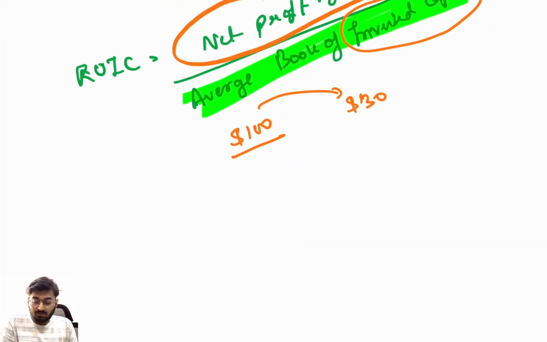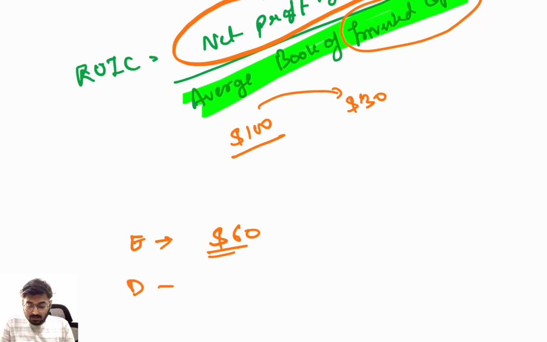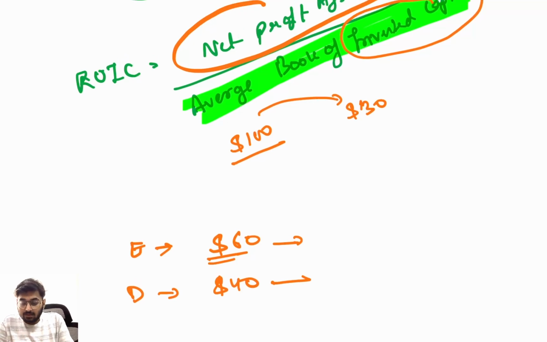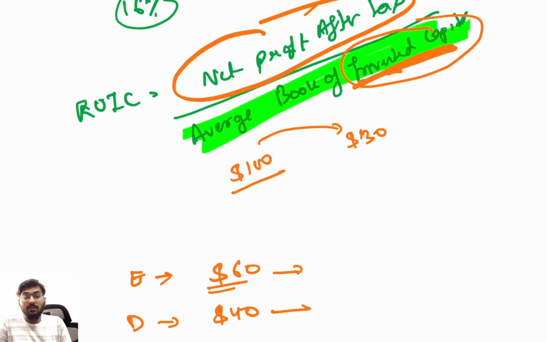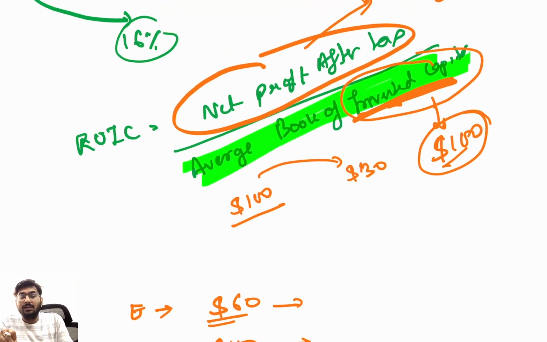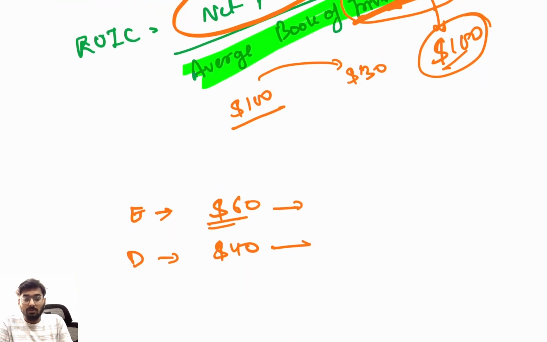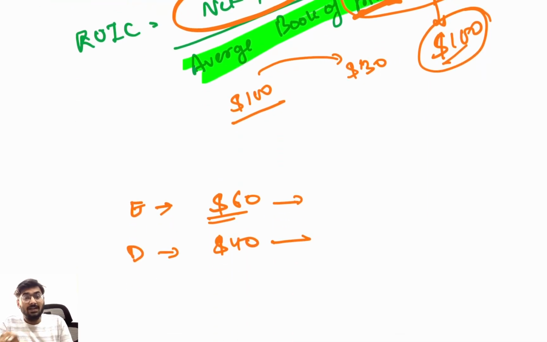Because say $60 is the money which you have used from the equity shareholders, and from the debt holders say you have used $40. Clear? So you have earned the money from both of them. So in the denominator you are putting the complete $100, the money which you have taken from both equity shareholders and debt holders.